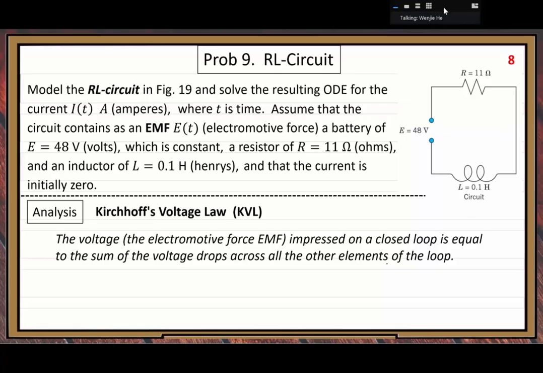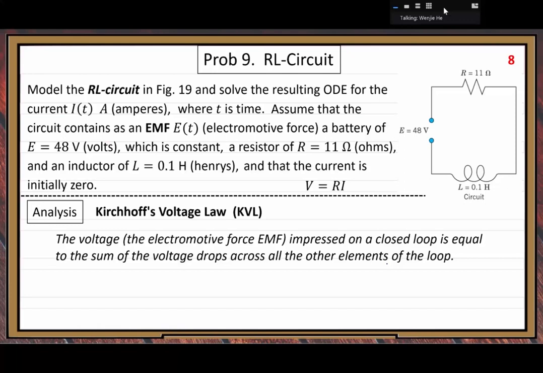So we can set up an ODE using Kirchhoff's voltage law. Left-hand side, the constant 48. Right-hand side, voltage drop part 1 and voltage drop part 2, added together. How do we get the voltage drop? Remember from the previous slide, the formulas. The voltage drop on the resistor is R times I. R is given, but I is the function to be solved.